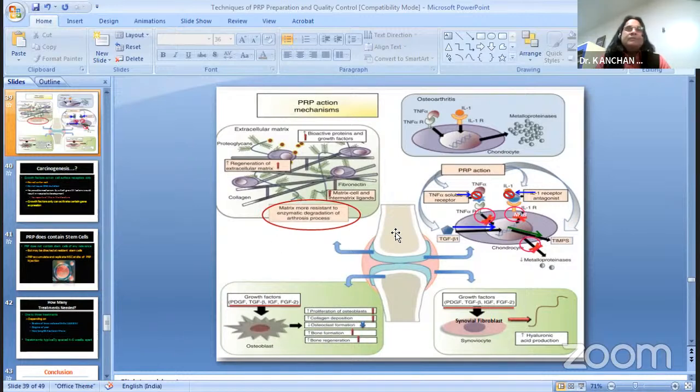They also make the matrix more resistant to enzyme degradation. So these regenerate the tissue and cartilage. These are some of the mechanisms of how the PRP works.